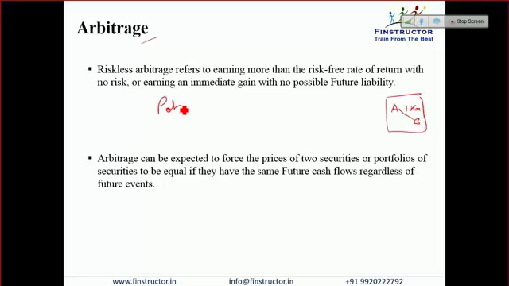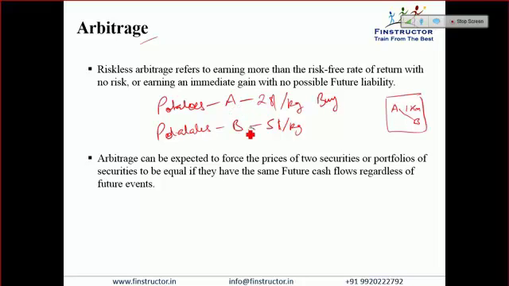The price of potatoes in spot A is $2, and the price of potatoes in spot B is $5 per kg, for instance. Is there an arbitrage opportunity here? Is there a possibility of making riskless profit? Yes, just go and buy the potatoes at point A and sell the potatoes at point B.